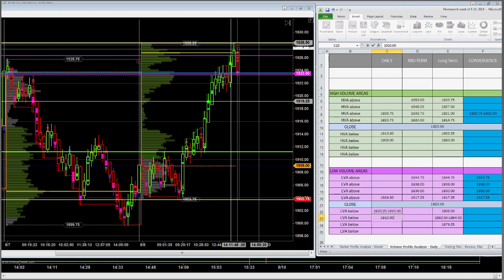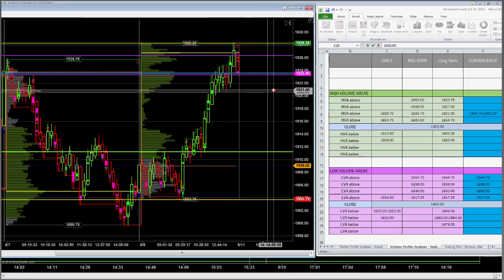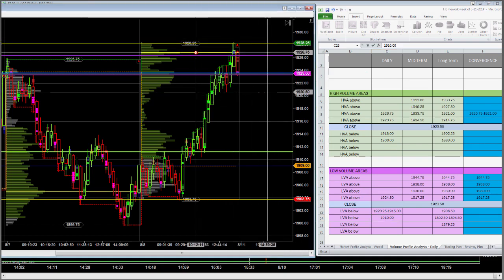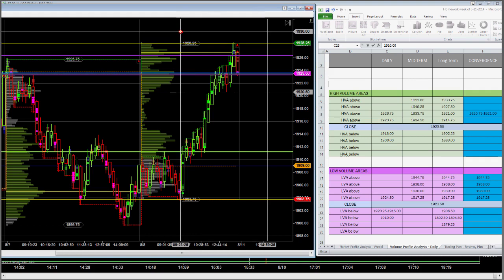Okay. Why do you think the VPOC is printed at 2675? The visual of the volume looks to be at 2375. My VPOC is a yellow line, and it's right there at 2675. And actually, if I put my vertical line up against this, I can look straight down, and there is no higher volume area.